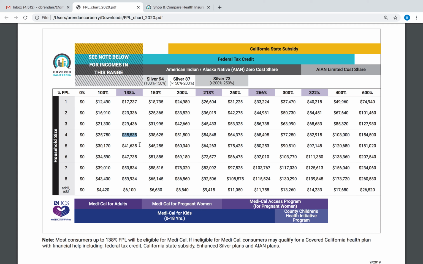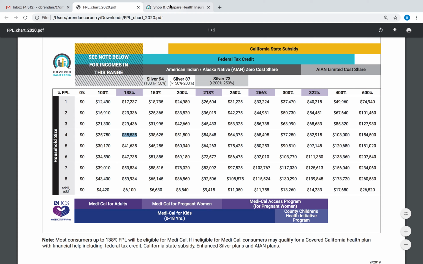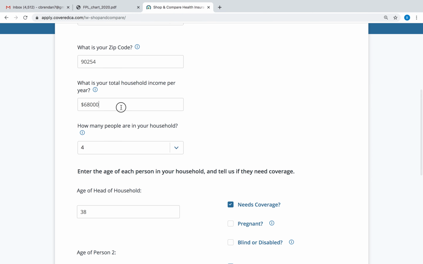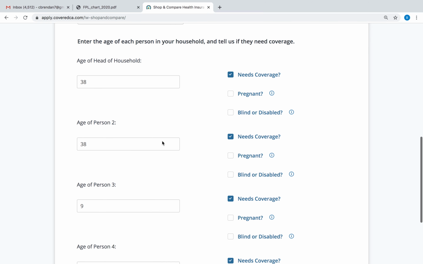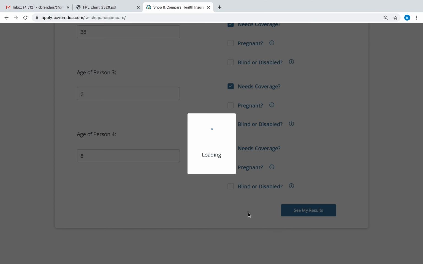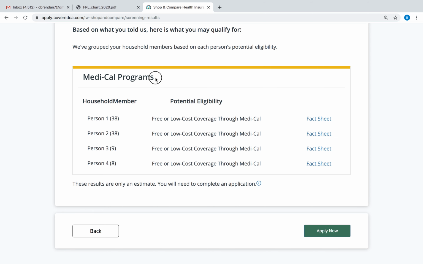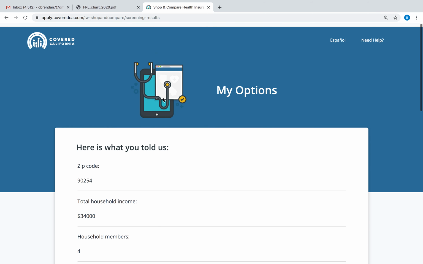Right here, this way. And if I did that in an example, 34,000, everyone gets Medi-Cal. Okay, so that's that.